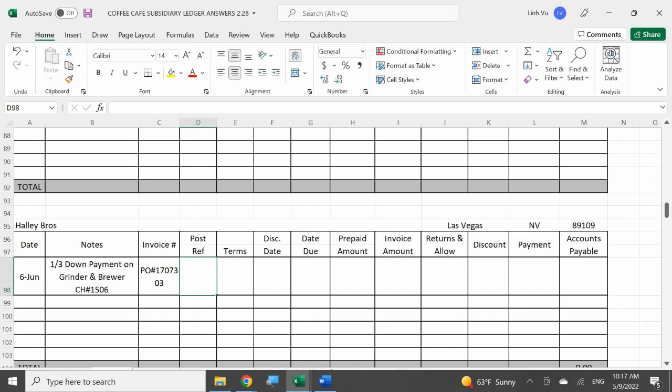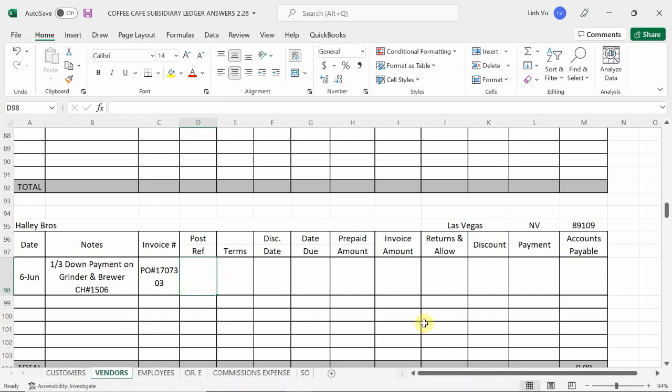Okay? So in this case, post reference, we paid them on general journal number 2. So here's what's important. We haven't actually received the bill yet. Okay? But we know this much. We know that the purchase order told us that we had to make a payment for 11.40 and 22 cents.